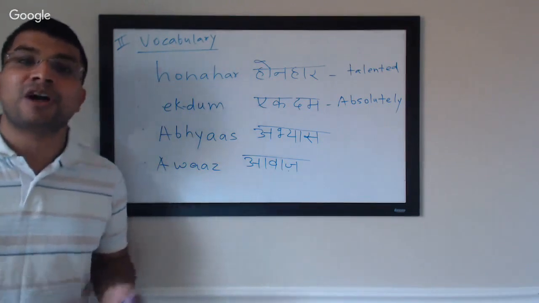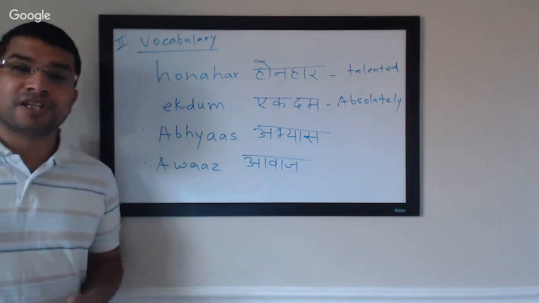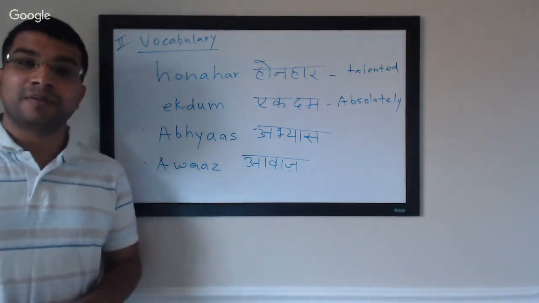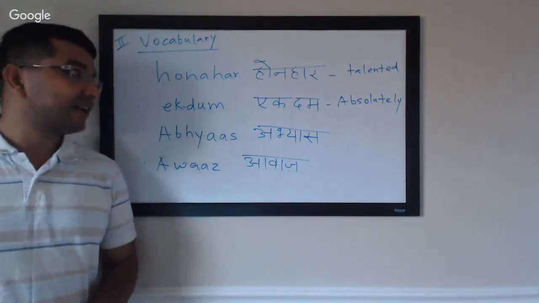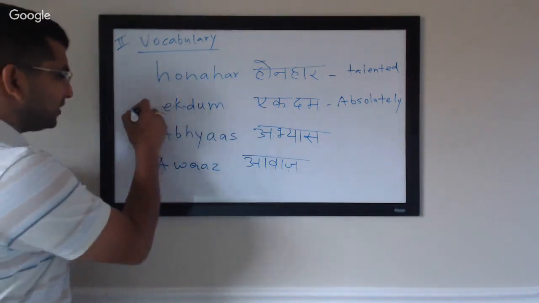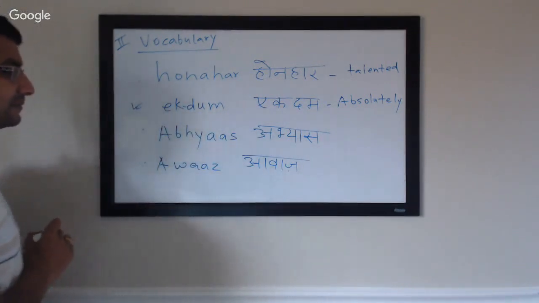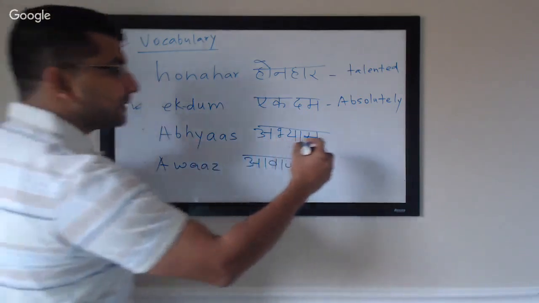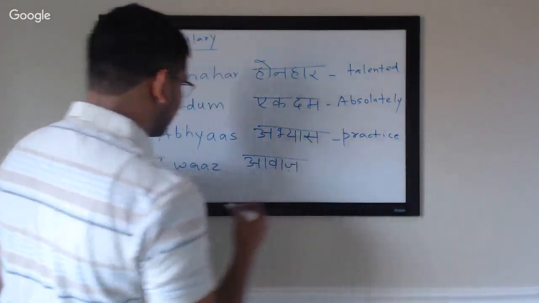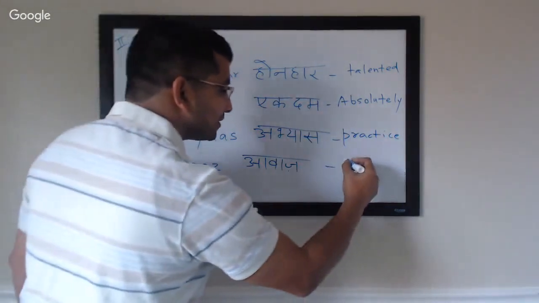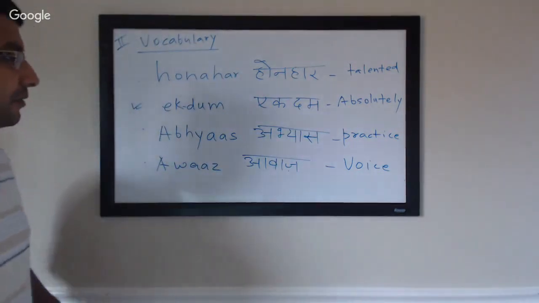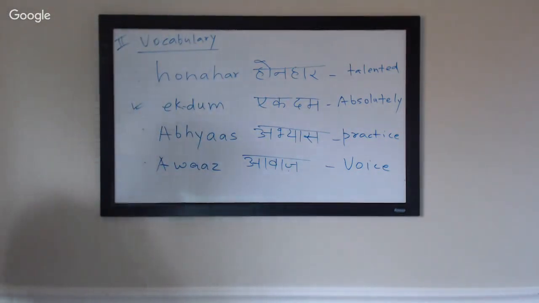When someone asks you, "How are you?" sometimes you say, "अच्छा हूँ" or "ठीक हूँ." Some people say, "एकदम बढ़िया." बढ़िया is good, right? So एकदम बढ़िया is like I'm absolutely good. एकदम is pretty commonly used. Abhyas is practice. Awaz is your voice. Like when you sing, it's basically your voice, awaz.